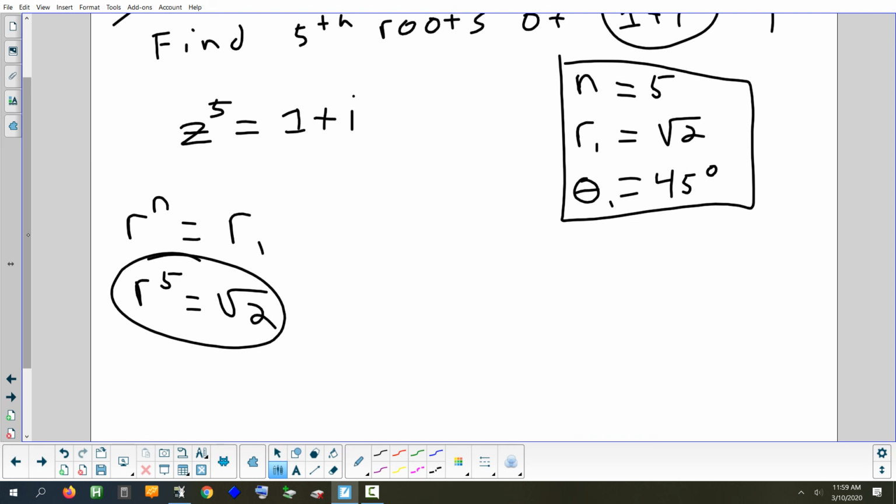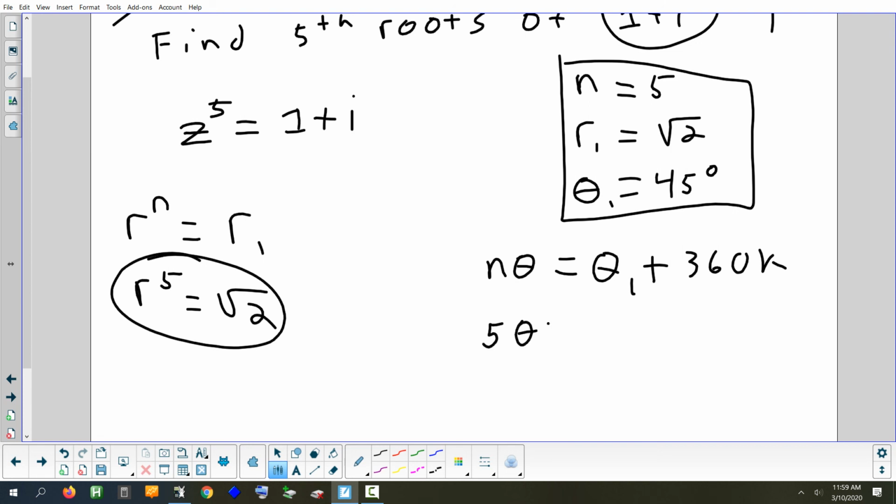What's your other equation that you set up? Theta equals theta 1 plus 2 pi k. I'm just going to do degrees because we did degrees up here. So the 2 pi is only if you're in radians, 360 if you're not. And what's n in this case? 5. And theta 1? 45 plus 360.